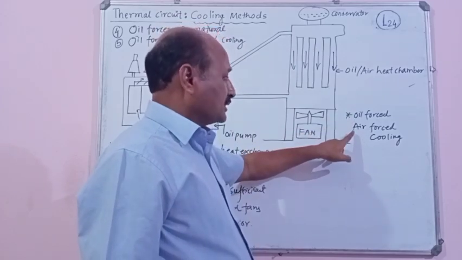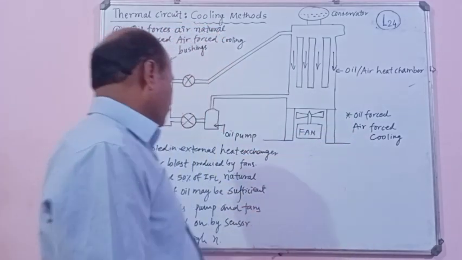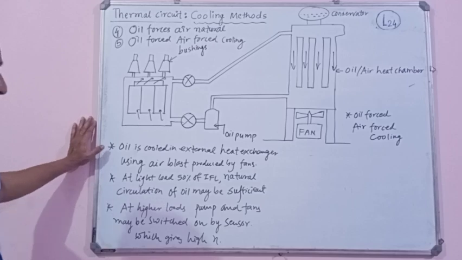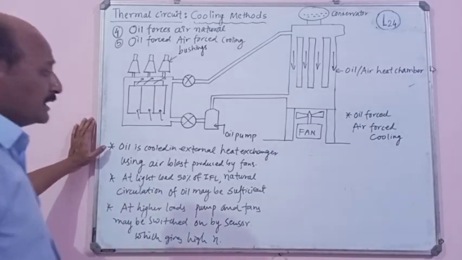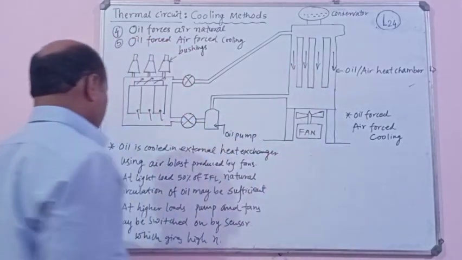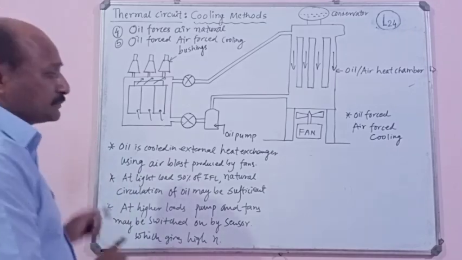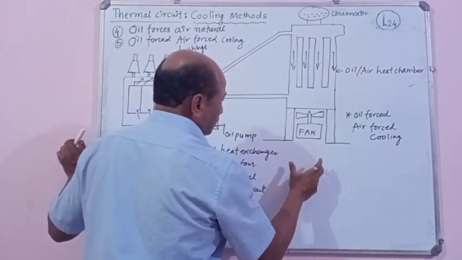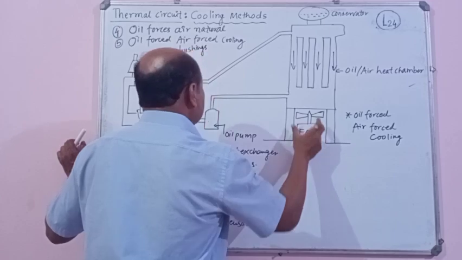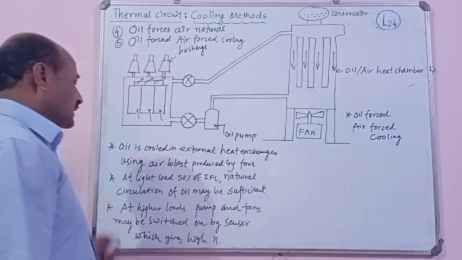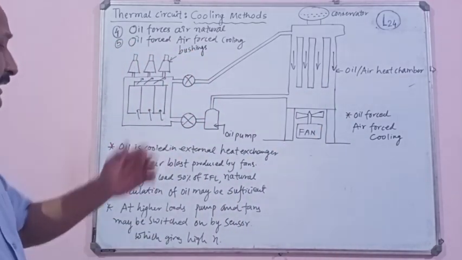This is called oil forced air forced cooling. The oil is cooled in the external heat exchanger using the air blast produced by the fan. So this is the fan, and by using this fan the air is blasted, due to which the oil is cooled in the heat exchanger.